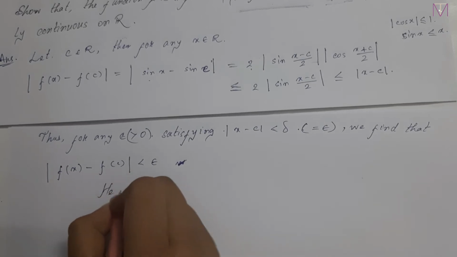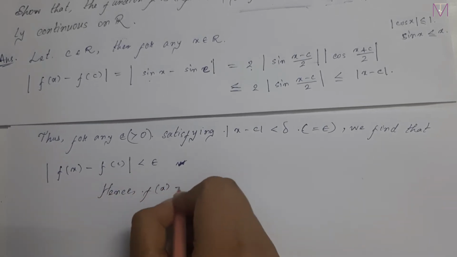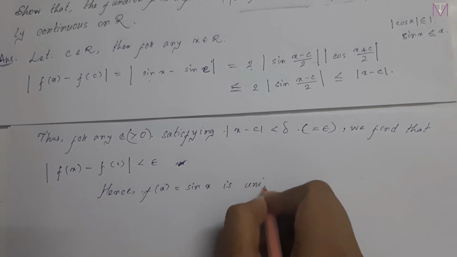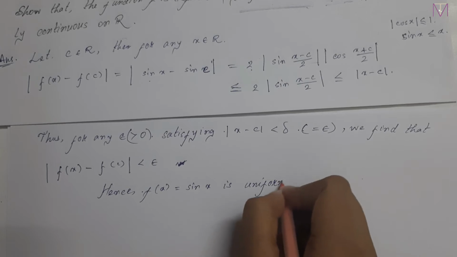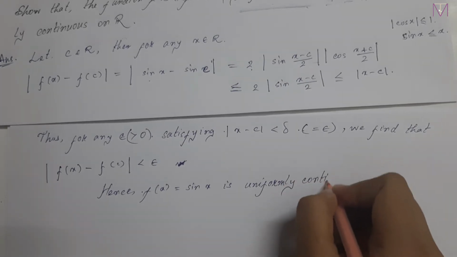Hence f(x) equal to sin x is uniformly continuous.